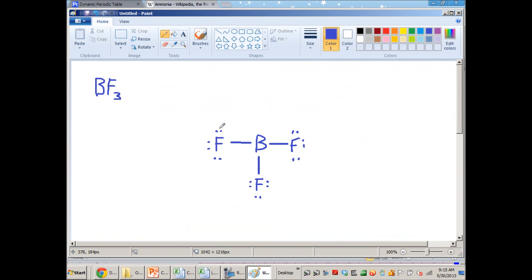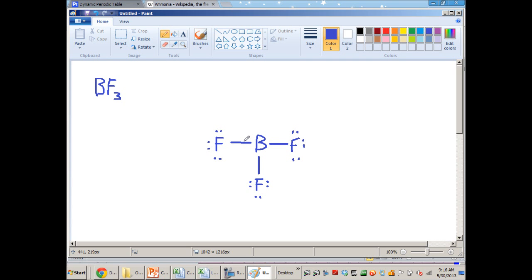In terms of geometry, how many places do you find electrons around the central atom? Who says 3? Who says 4? All right, so I had all of 1 vote for 3. That's correct. Each of those bonds is a place you find electrons around the central atom. So this thing is going to have a trigonal planar geometry. It's not actually as I wrote it.